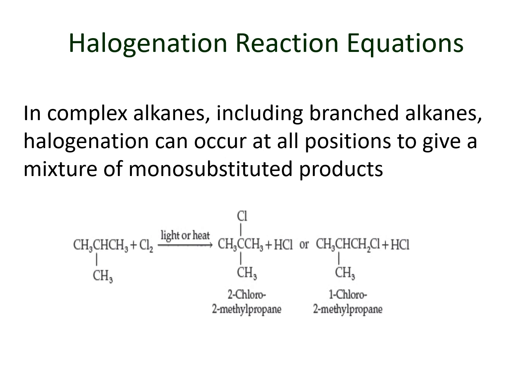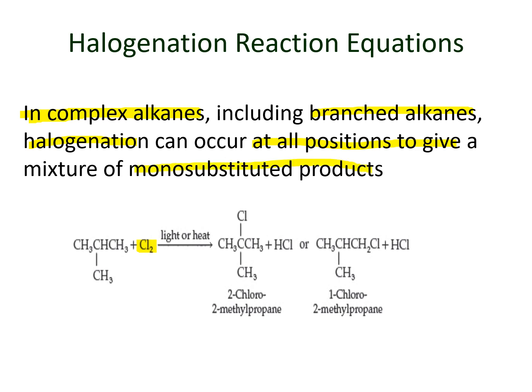Halogenation reactions continued in this slide. This one is an example for the complex alkanes. In complex alkanes, including some of the branched alkanes, the halogenation can occur at any position of the alkane. So the chlorine atom that is taken from the halogen can replace any of the hydrogens. We can get a variety of products, or a mixture of mono-substituted products.